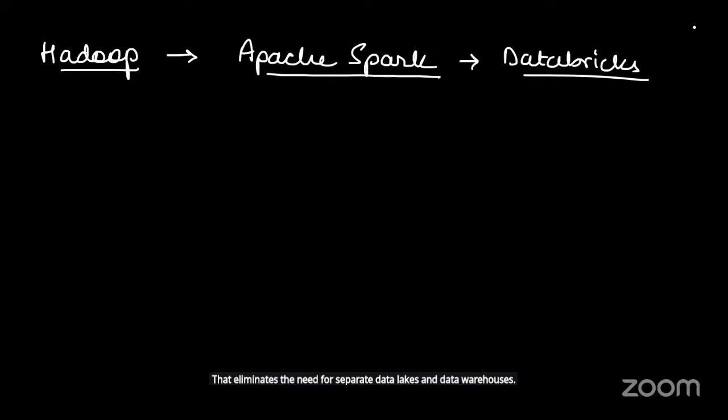You know what it does? It basically builds a layer of data warehouse-like capabilities directly on top of your data lake. All right. So a data lake can act like a data warehouse. And Databricks became the cloud based. That is very important. It is cloud based.